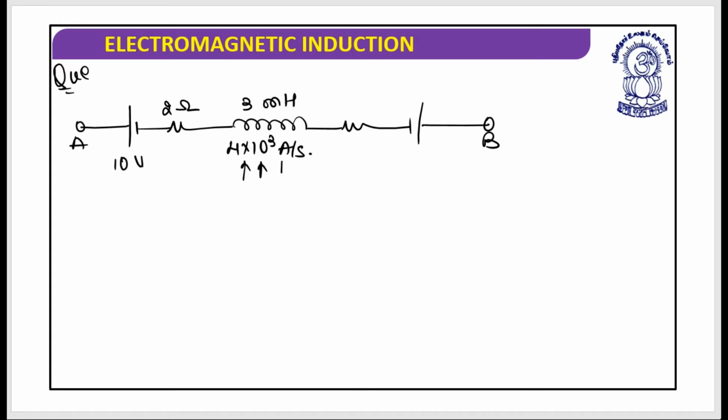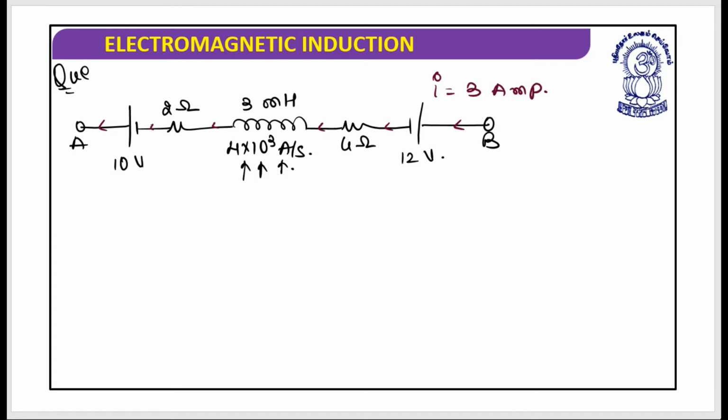It is increasing. This is 4 ohm, this is 12 volt, and the current is flowing in this direction. I is equal to 3 ampere.